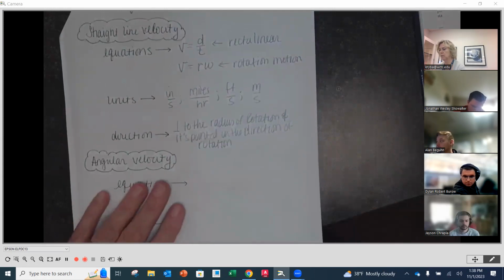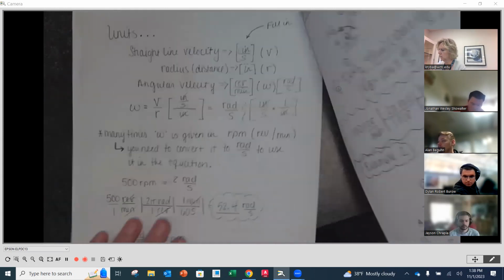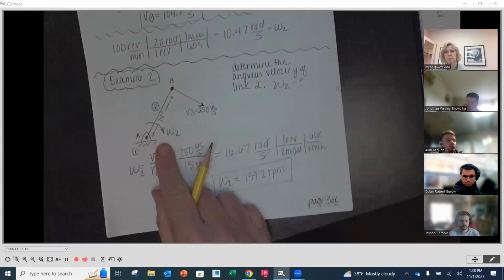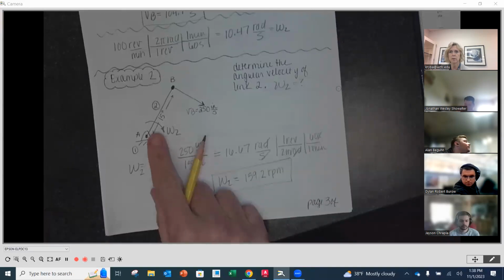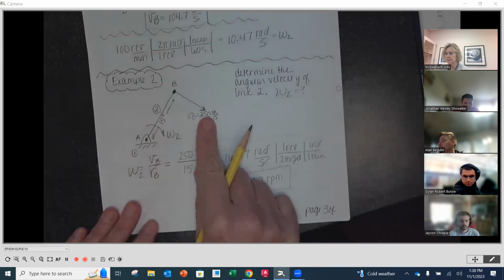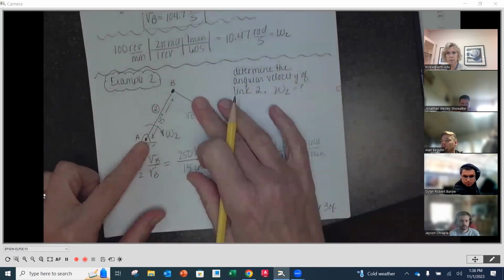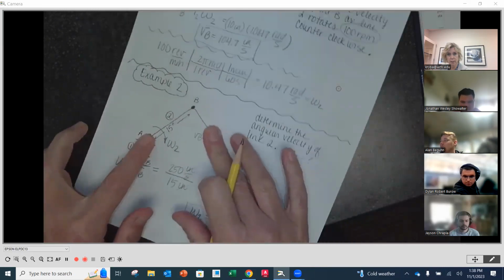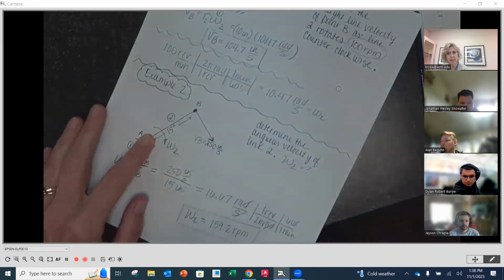So for instance, if we go back and look at these two, they're in opposite directions. For example, example number 2, notice W2 is going clockwise and the velocity of B is going down and to the right. If I hold on my center of rotation and I pull in that direction, those two are related.